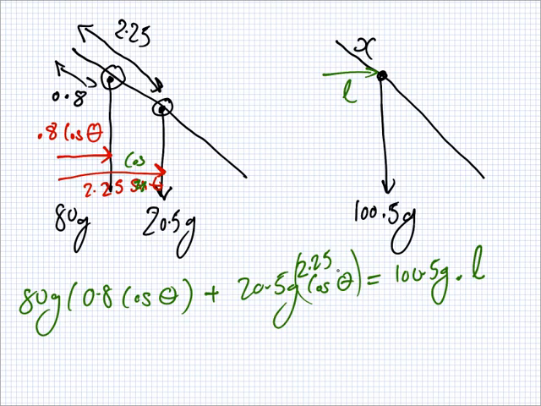Yes. You can. Let's just type it in. What was the angle for the ladder? What is the theta? Can you give it back to me? 66.42. Okay, thank you. 80 times 9.81 times 0.8 times cos theta plus 20.5 times 9.81 times 2.25 times cos 66.42, divided by 100.5 times 9.81.